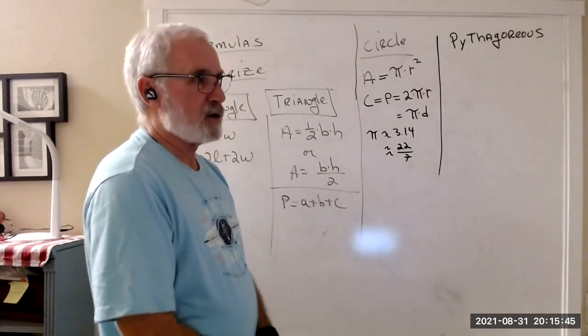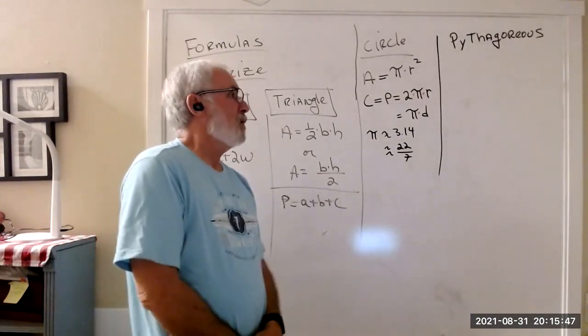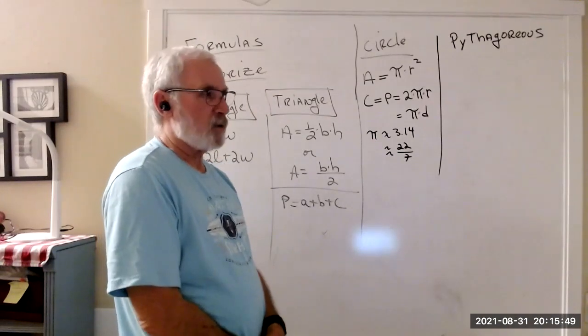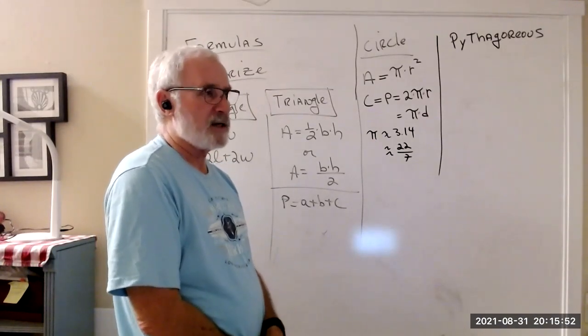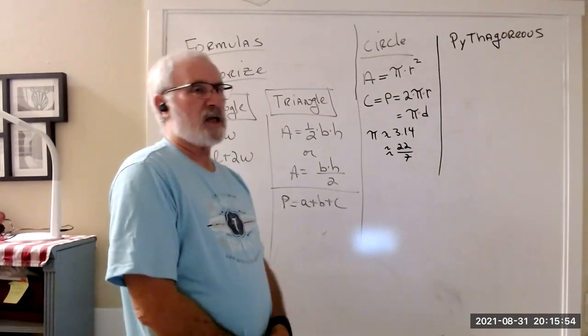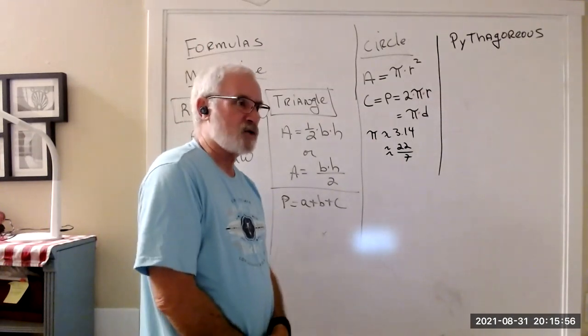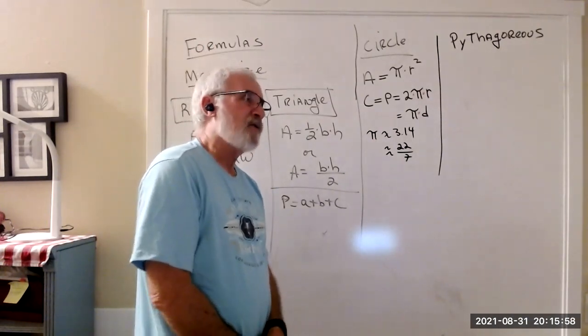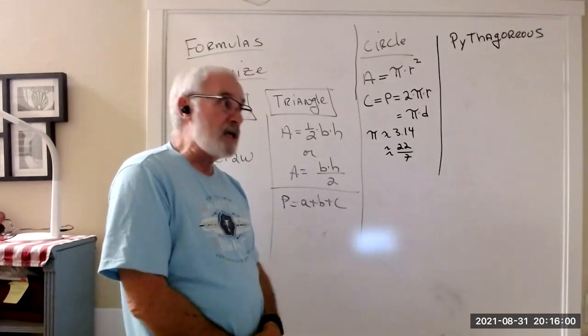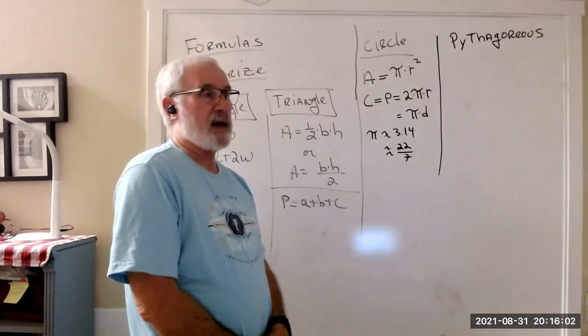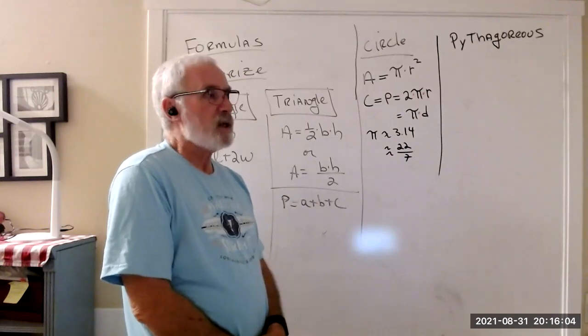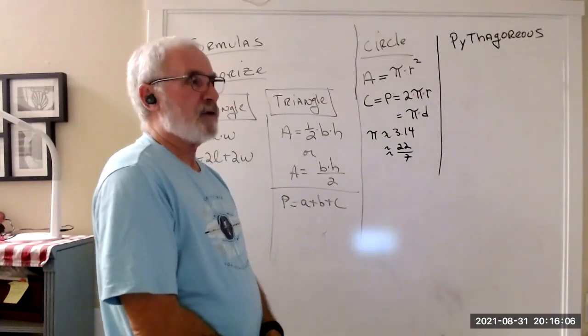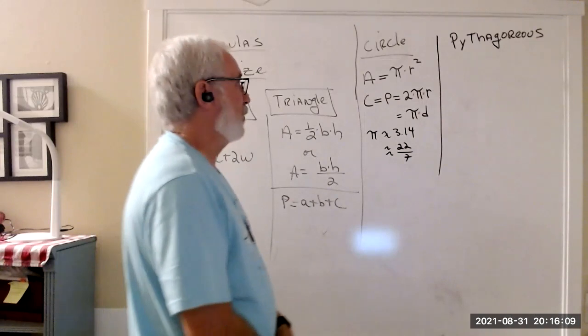Pythagoras was this ancient Greek guy who, while his slaves worked, nobody bothers to tell you that in high school, was down at the beach drawing pictures in the sand, finding out all kinds of really neat mathematical relationships. So he really was a smart guy because he didn't have to work. He had slaves doing all his work for him.